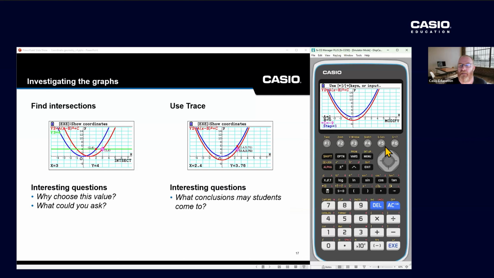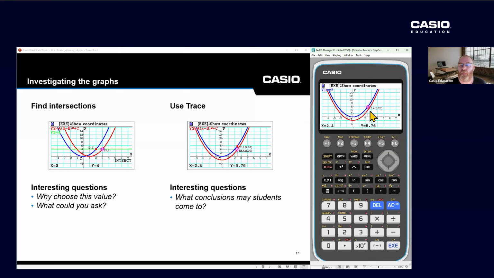If you then exit to draw mode and then choose trace, you can pick any points on the functions that you like. I'm just going to scroll across, or maybe just directly enter 2.4.